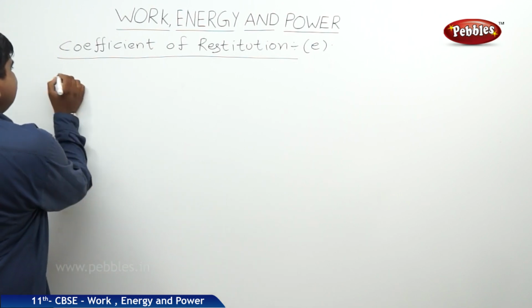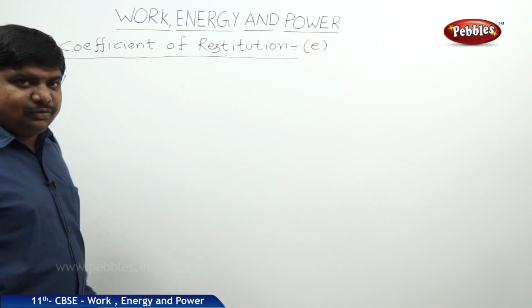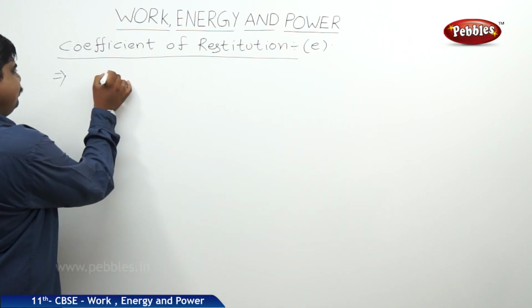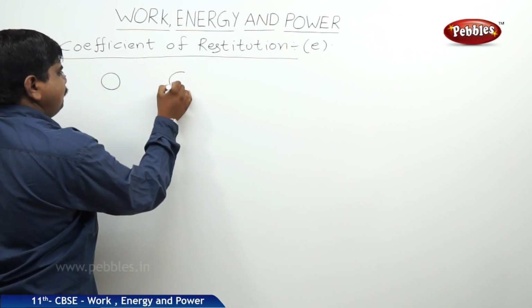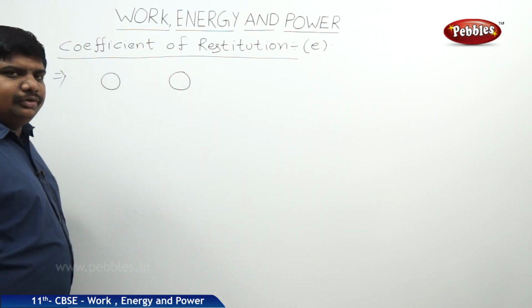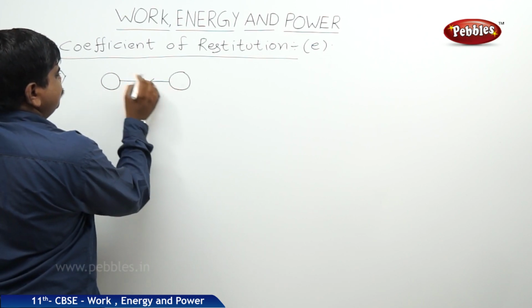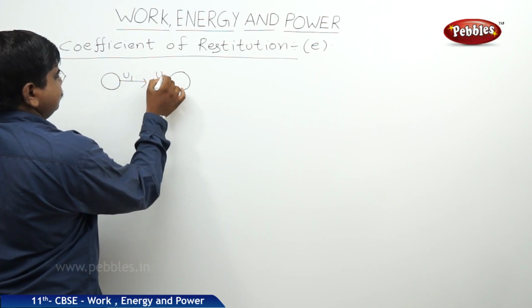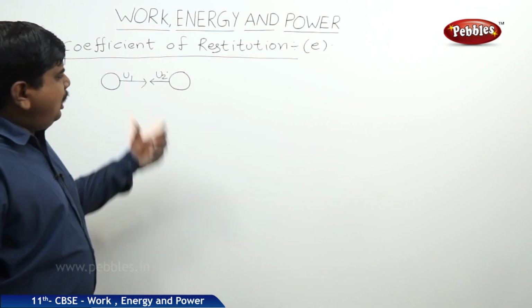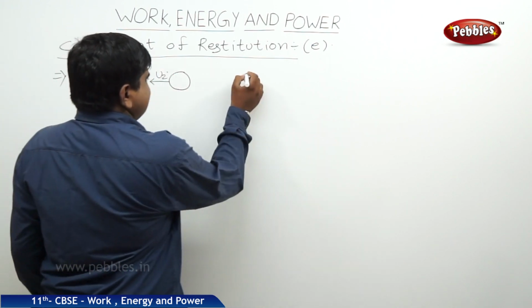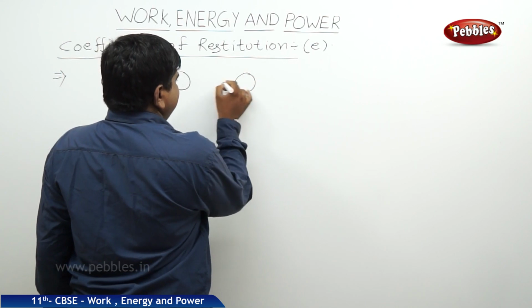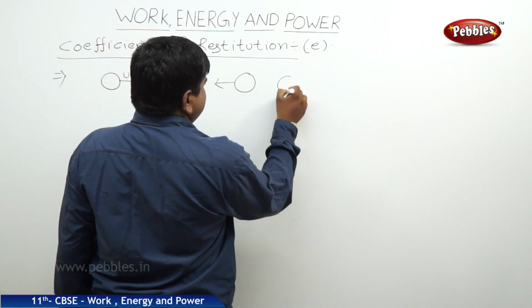So what is this coefficient? What is the way to define it? Let us take two bodies of masses m1 and m2. While they are approaching, their velocities are u1 and u2 before the collision. After the collision, they are separating with velocities v1 and v2 in opposite directions.